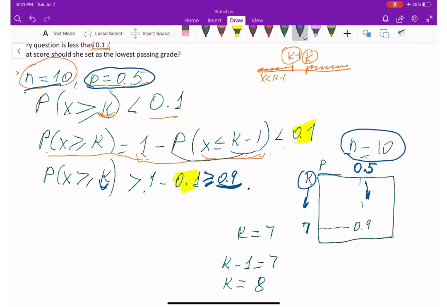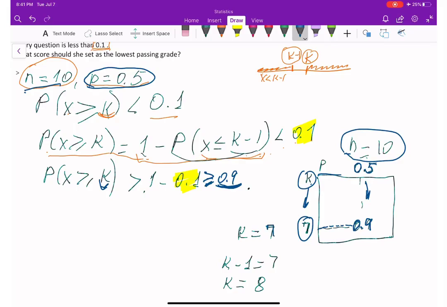Hold on, yeah, it's going to be 0.9 right here. That's where I found it. Once you come horizontally, you will see it is equal to 7. So we found it.